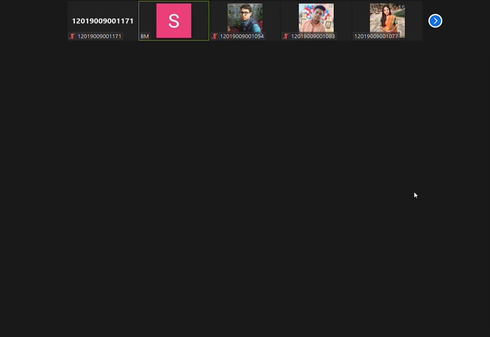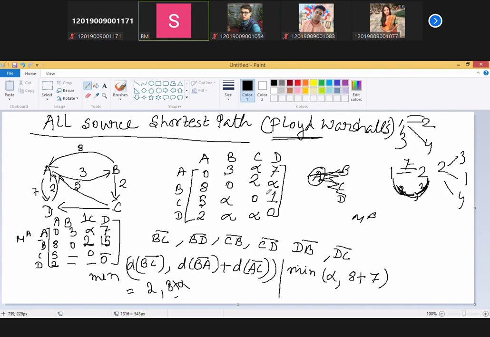This way you need to complete it for all the nodes. When it is complete, the final matrix, that may be MD if I follow the sequence A, B, C, D, is your final answer. Now start doing this.